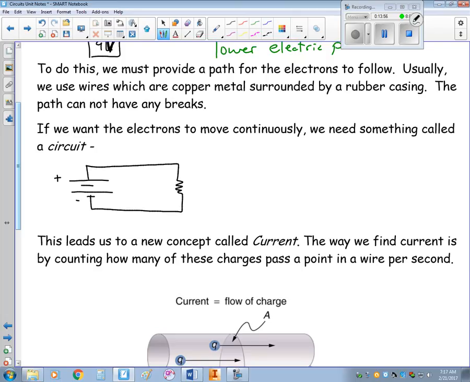And so for this path, I put in something over here. This right here is called a resistor. So here we have our power, we have a resistor, and we have our path.